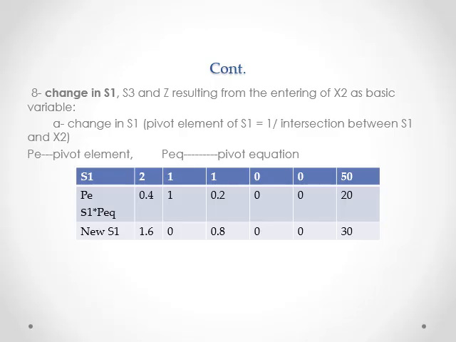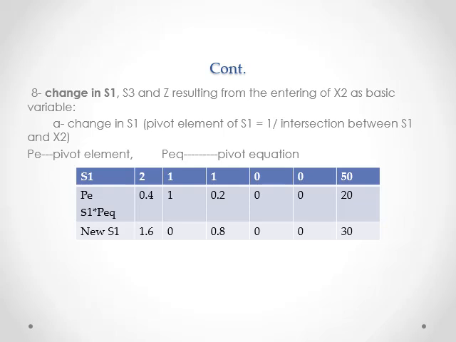This is the result of multiplication of the pivot element of S1 times the pivot equation, and we subtract 0.4 from 2, 1 from 1, 0.2 from 1, etc.